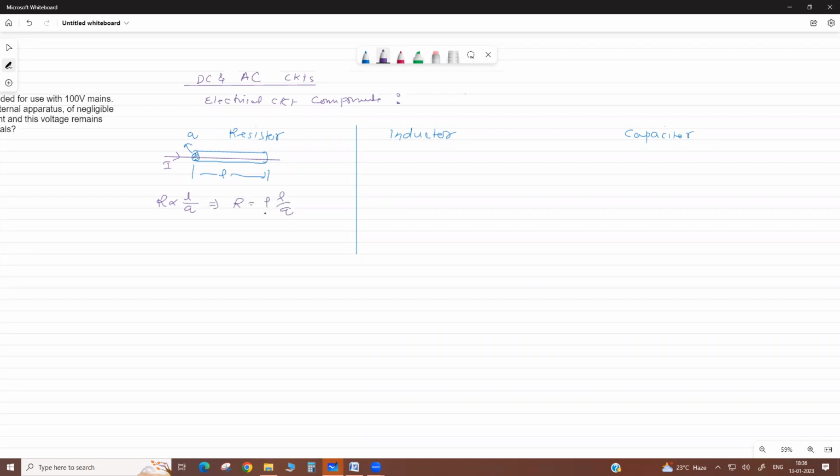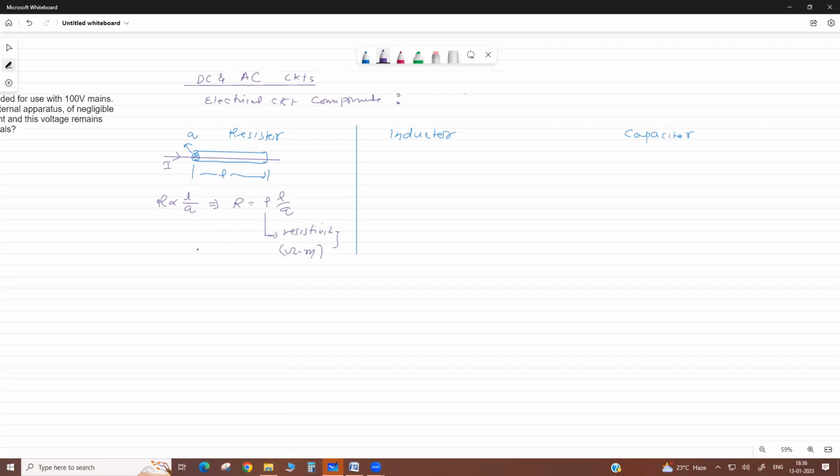Here rho is the resistivity. Resistivity has the unit ohm meter, and it is also called specific resistance. Correct?